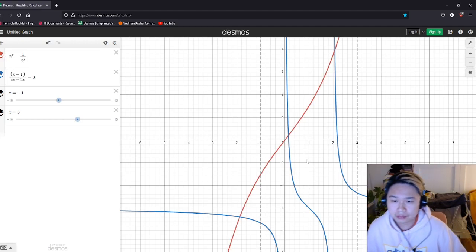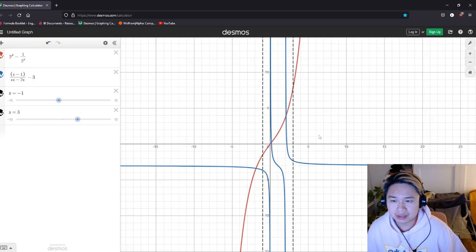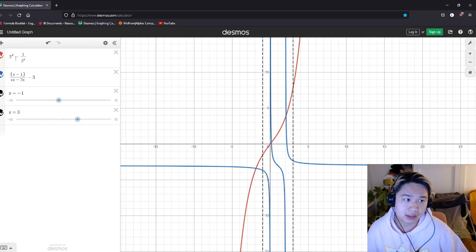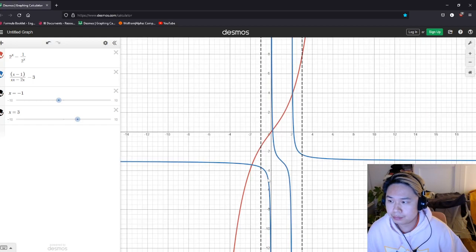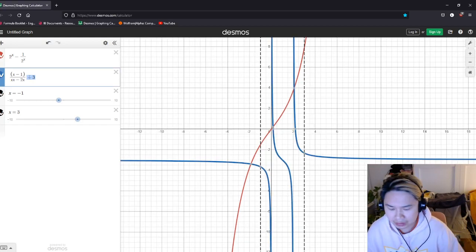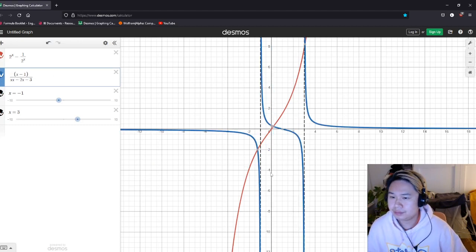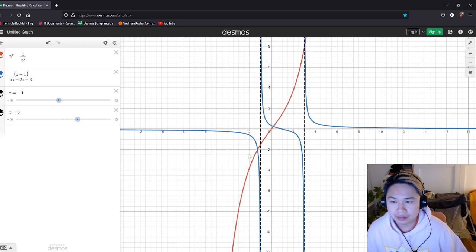Okay, so as you can see from this graph, we want the red graph to be intersecting or above the other graph. Hold on, I did not type this in right. There you go. Okay, we want the red graph to be above the blue graph.